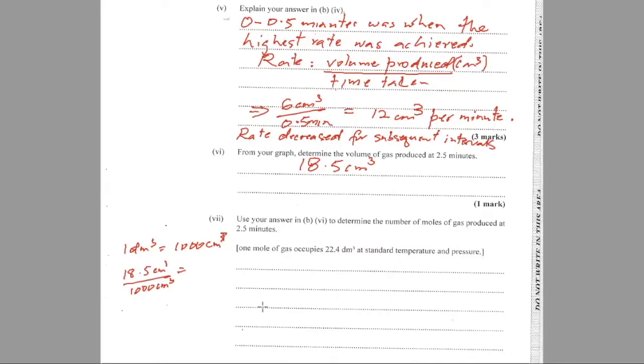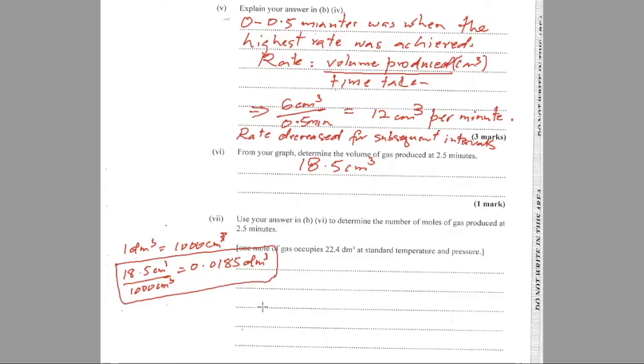So we want to keep apples with apples, right? So that's 18.5 divided by 1000. We're going to take that 3 decimal places to the left, which will give us 0.0185 dm cube. Then we're going to start out with a statement of fact. So let's keep this by itself. So we'll get a mark for this.